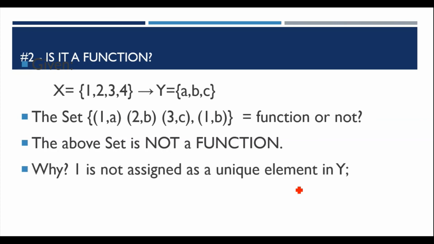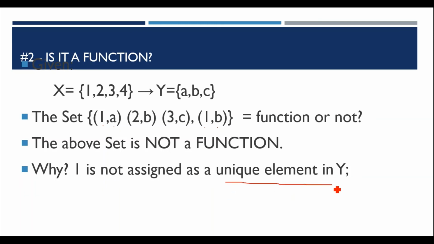Why? Okay, so take note of 1 here. The element 1 in set X is not assigned as a unique element in Y. How come it is not assigned as a unique element? Of course, because there are two assignments for element 1. Okay, we have here 1 and then A, and we also have here 1 and B. So it's no longer unique.